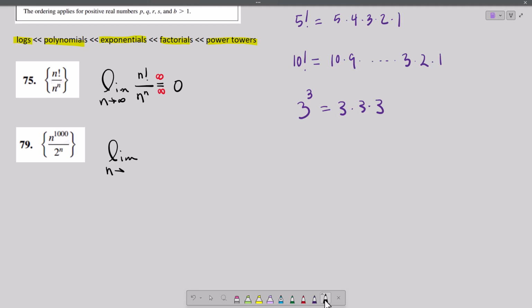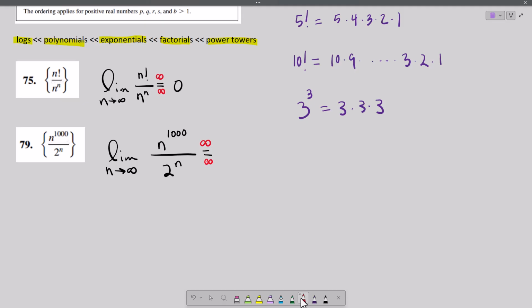Okay, so this one. Same idea here. When we look at the limit as n goes to infinity here, okay, it's an indeterminate form. We have the infinity over infinity situation going on. And you actually could do some math here.